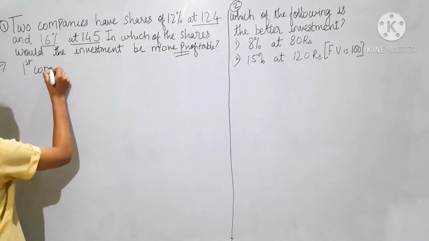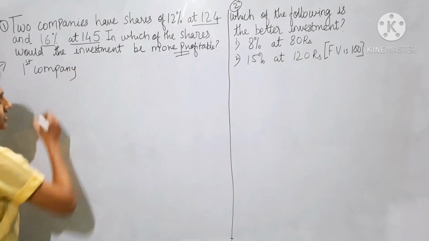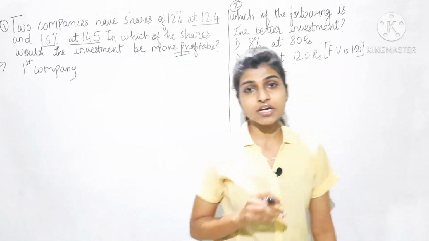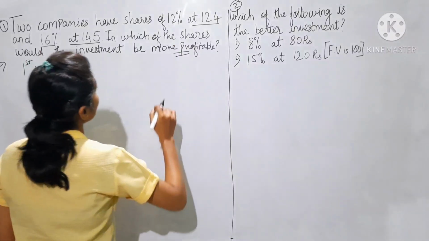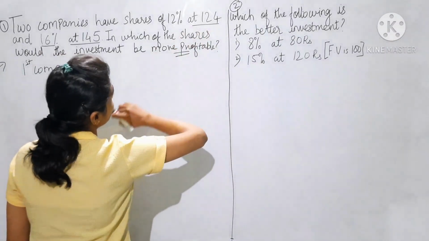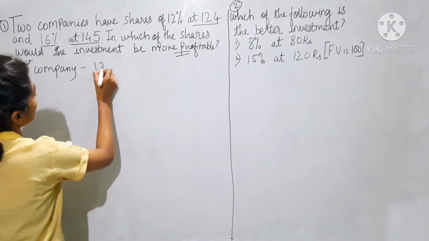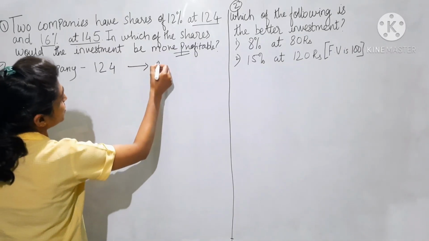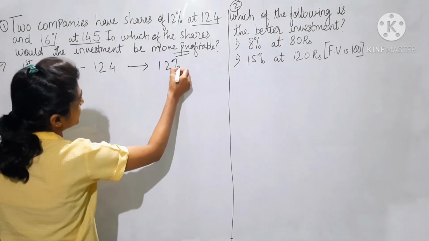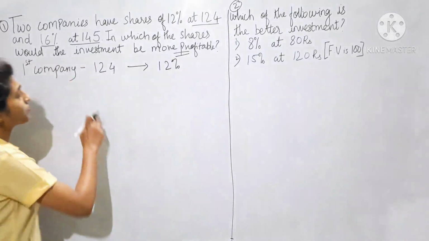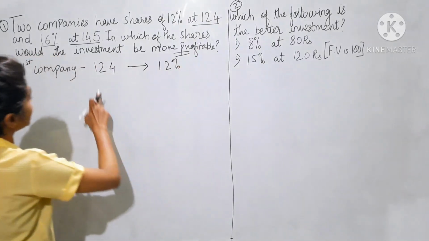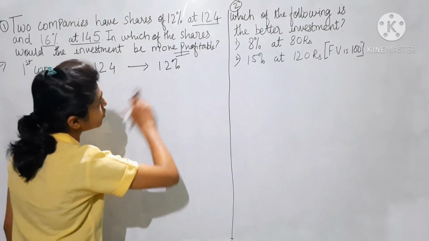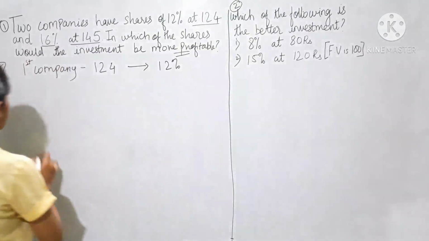For the first company, the market value of the share is 124 rupees, and on this 124 rupees the return is 12%. Now take the second company.